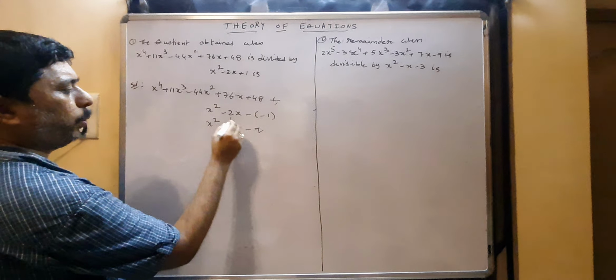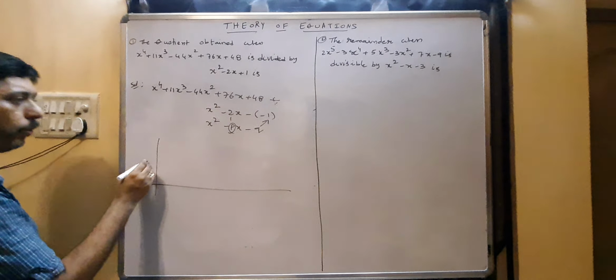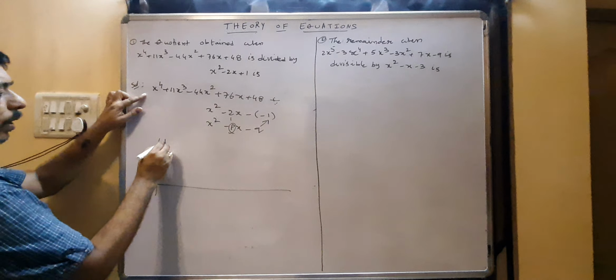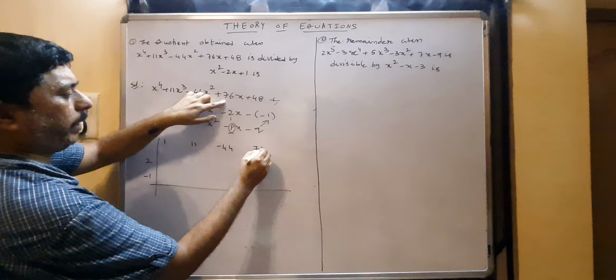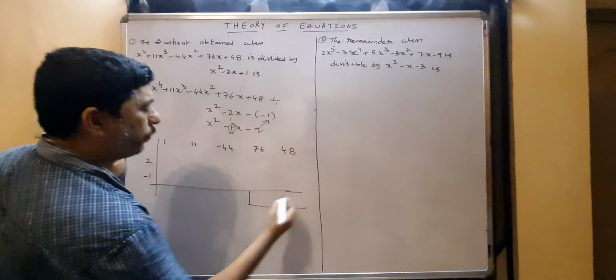P is 2, q is minus 1. So like this you take: x power 4 coefficient 1, 11, minus 44, 76, 48. The last two terms go to the remainder.